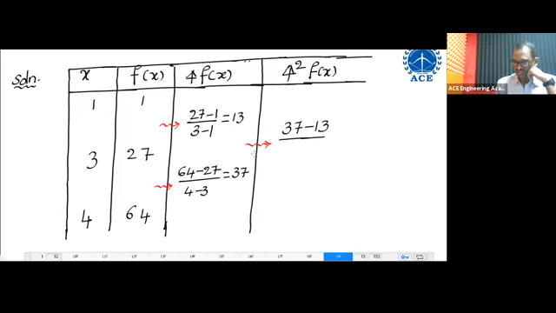Here the denominator is 1, 3. Here the denominator is 3, 4. Among 1, 3, 4, biggest is 4, smallest is 1. So you have to write biggest minus smallest, that is 4 minus 1. This is 24 by 3, 8, I think.